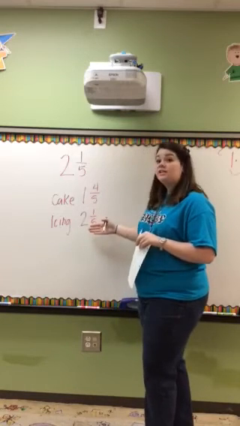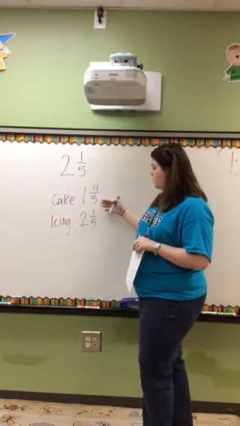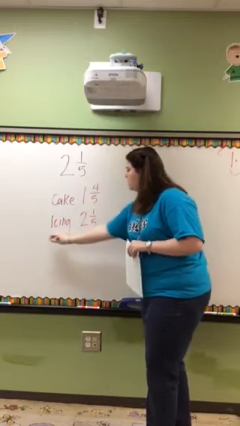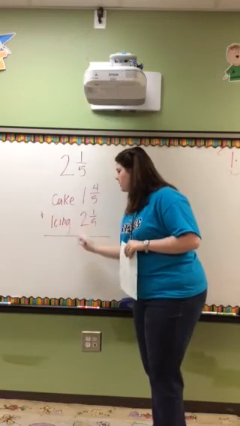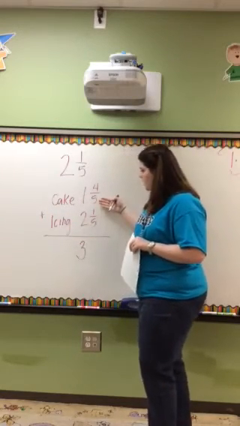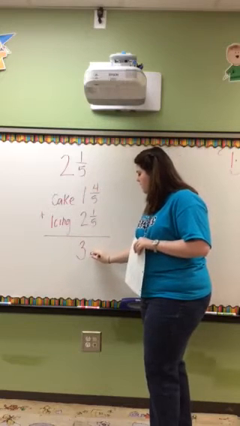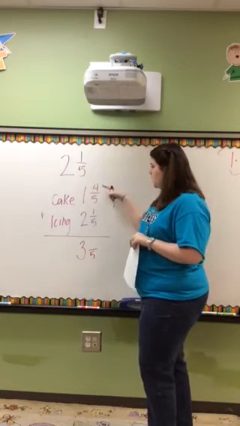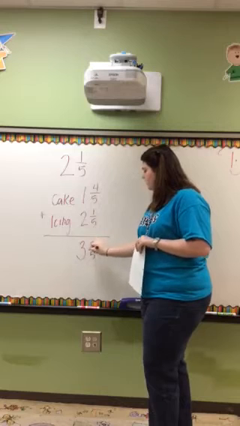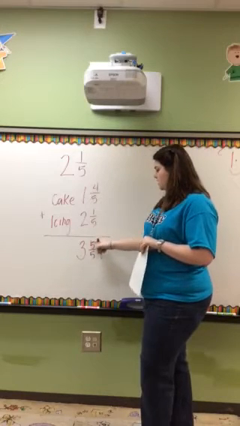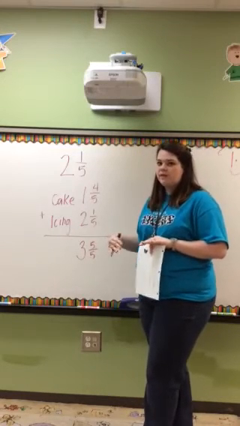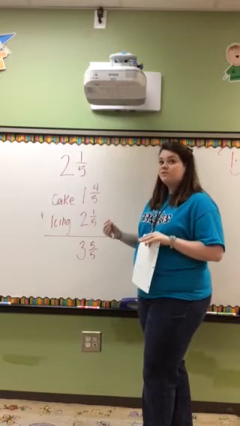Well, let's see how much he needs total first. Well, I know that 1 whole plus 2 wholes would give me 3. And since these are like fractions, my denominator stays the same. And 4 plus 1 is 5. Now this fraction that I have here, 5/5, it's a special type of fraction.